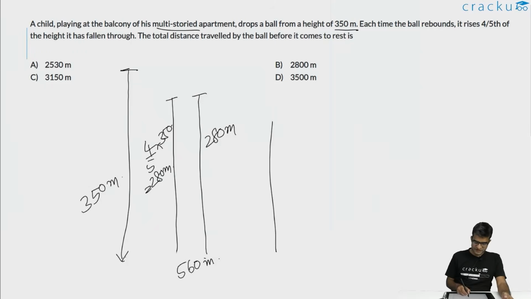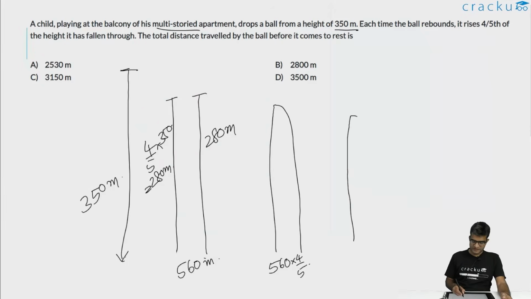The next time it goes up and comes down, the total distance it would have traveled will be 560 into 4 by 5. The next time it goes up and comes down, it will be 560 into 4 by 5 into 4 by 5 and so on.